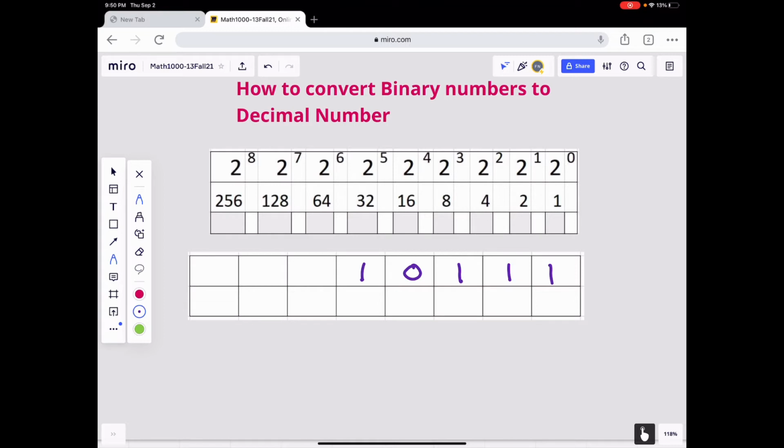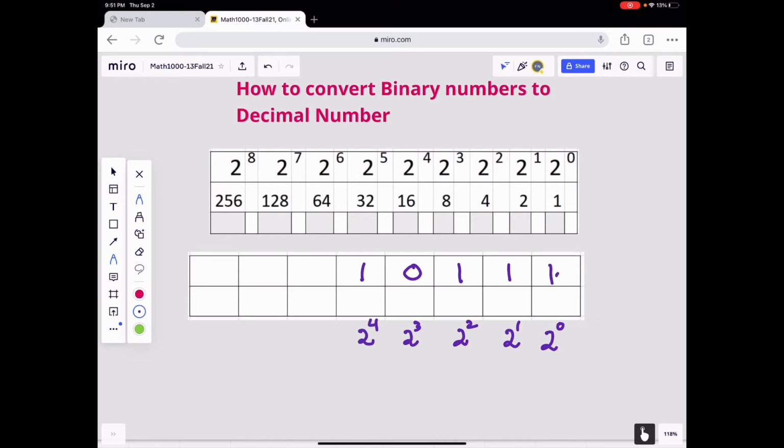Before I do, I'm going to work from the right to the left, instead of from the left to the right. So you put down the 1 in front of that. 2 to the power of 0 equals 1. And then the next ones are 2 to the power of 1, 2 to the power of 2, 2 to the power of 3, and 2 to the power of 4.